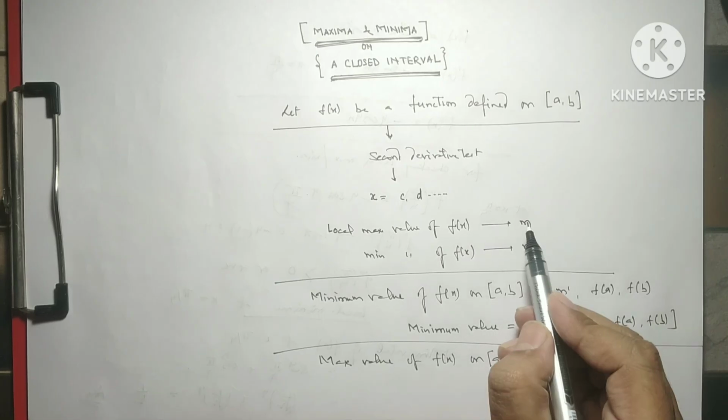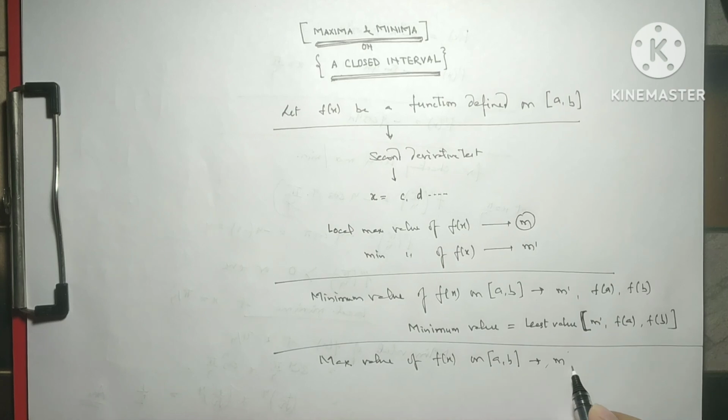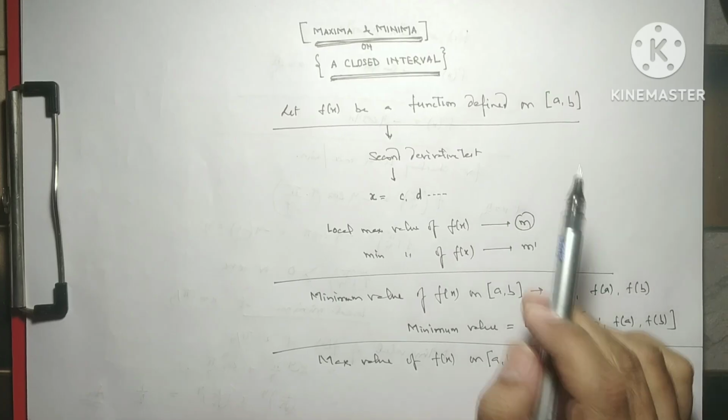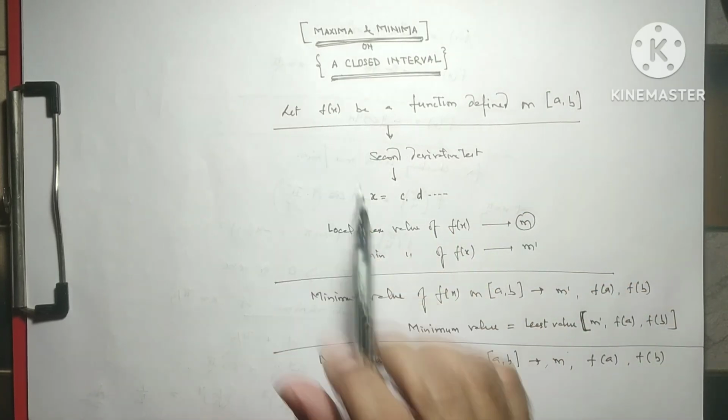Right now we have m, local maximum value, and f(a), these are the terminal values, and f(b). So on these points we will get the value of function.